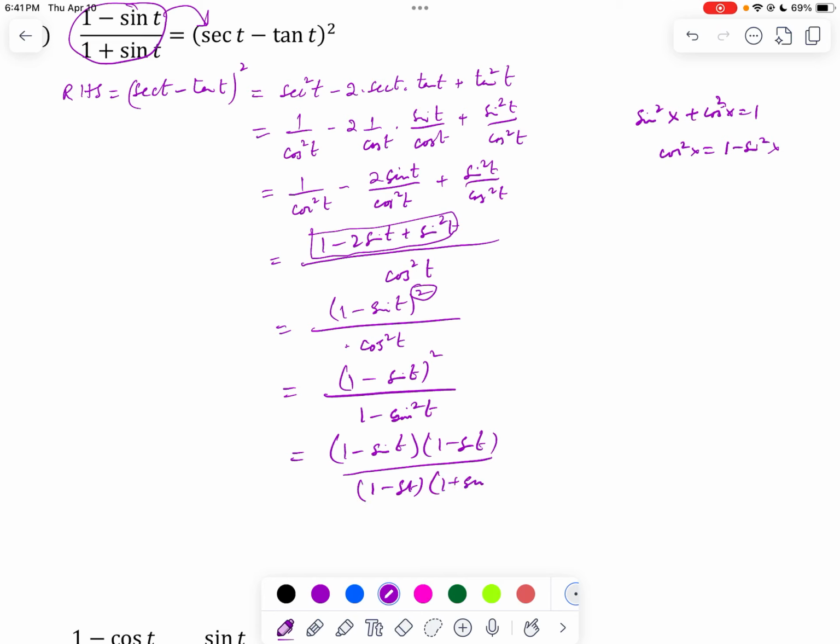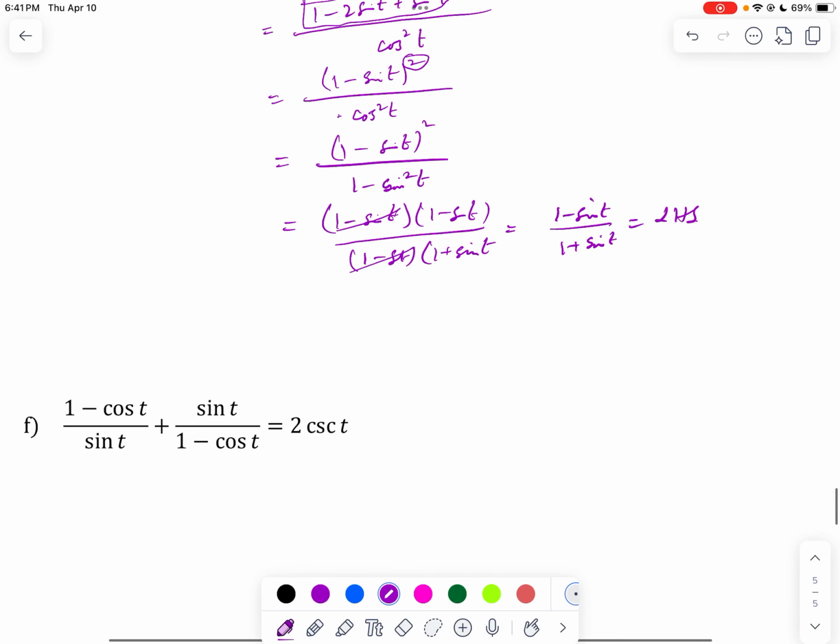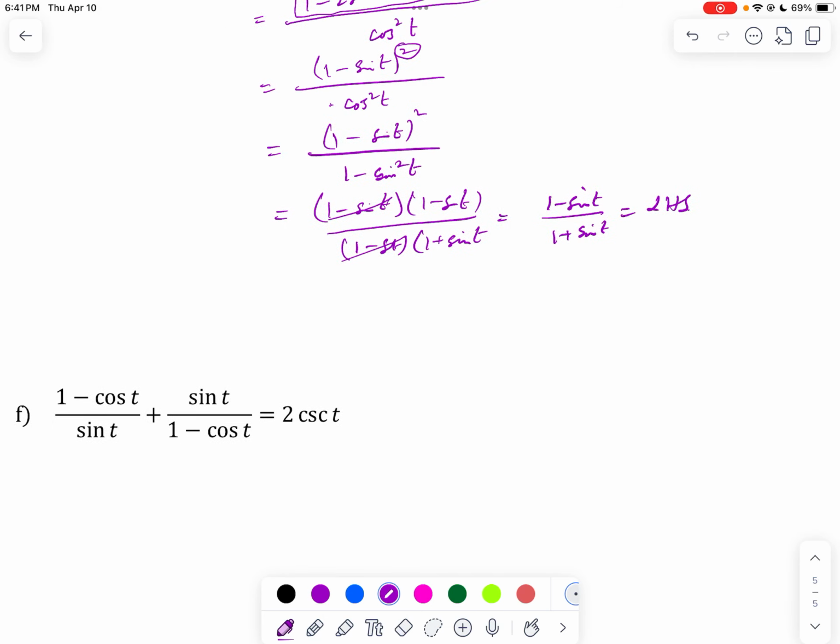So the 1 minus sine t cancels out, and we get which is what we had on the left hand side.